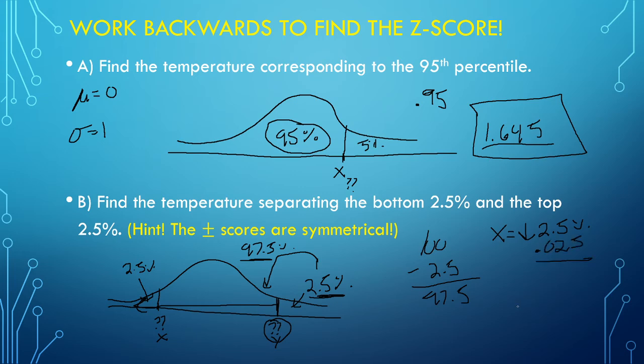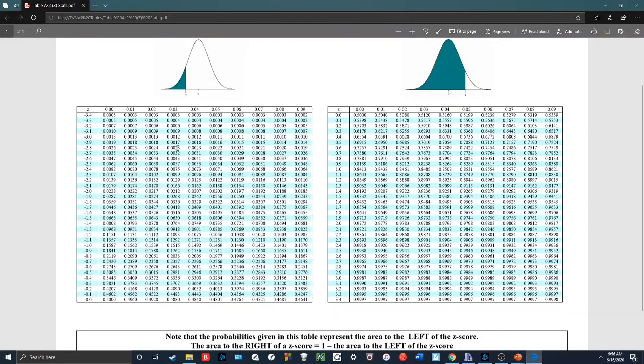So that's the probability I'm looking for. Let's see if I can find that in here. Here's 0.028. That's too much. 0.024. So right here. Exactly 0.025. So what z-score does this represent? Well, if I go over here, it represents negative 1.96.